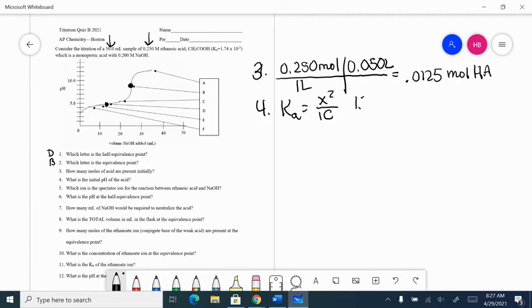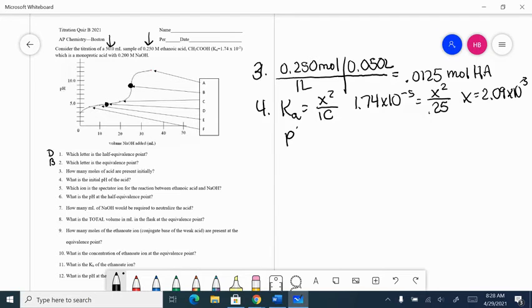So 1.74 times 10 to the minus 5th is our Ka, and we're going to solve for x. So x is 2.09 times 10 to the minus 3rd.